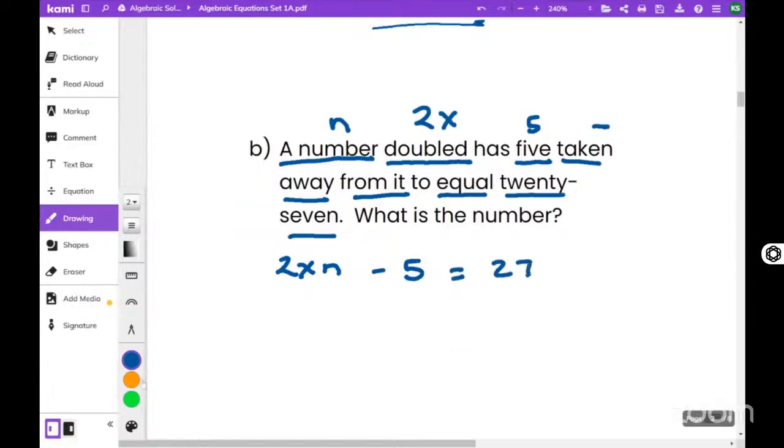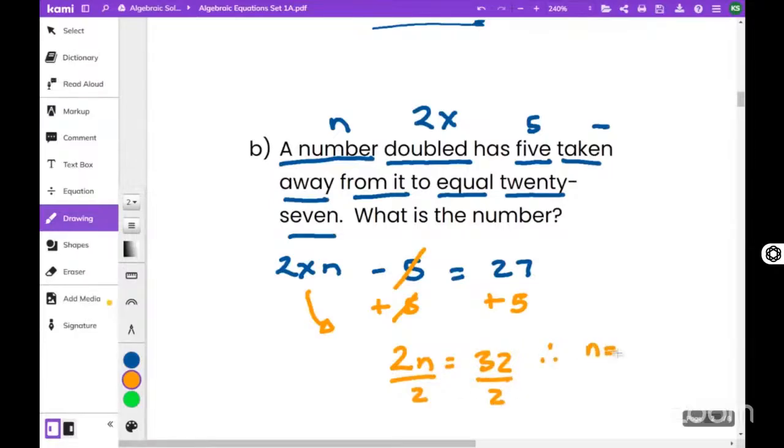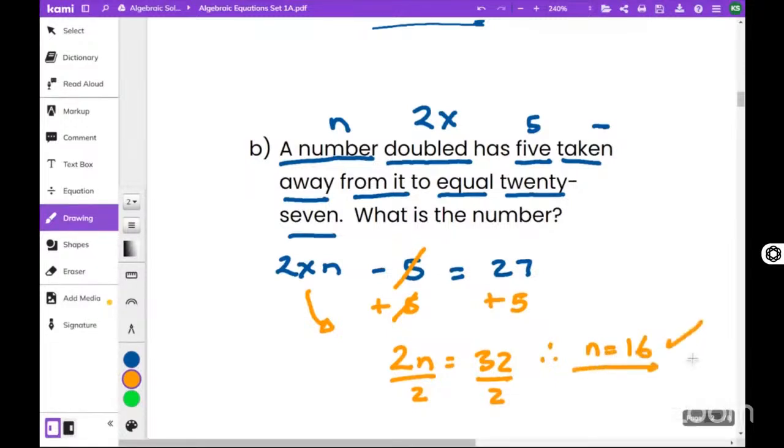And so now we're going to solve this. So what we do is we plus 5 on both sides, canceling it out, bring down 2n and make it equal to 32. Divide by 2, and then n is equal to 32 divided by 2, which is 16. So the final answer here is 16.